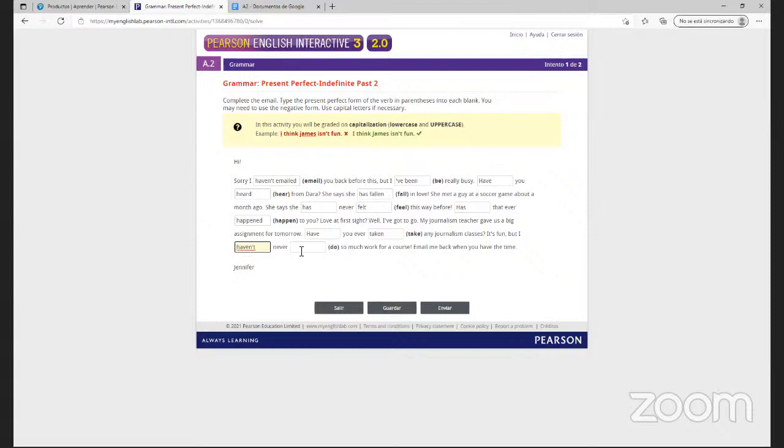No, because you're using never. So it's like you're using double negation. Do, done. It's done. Okay. So I'm gonna save this.